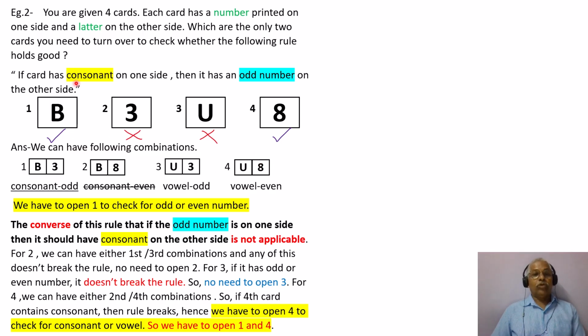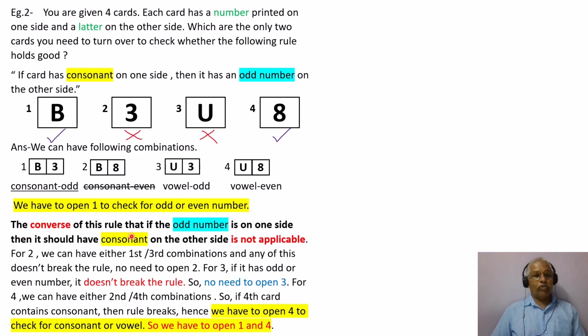If we look at this first card, this is consonant, so we have to check what is there on the other side because it must have odd number. So we have to check whether it doesn't contain even number. So anyhow we have to open this, to check for odd or even number, because we have to see whether the rule is not broken.